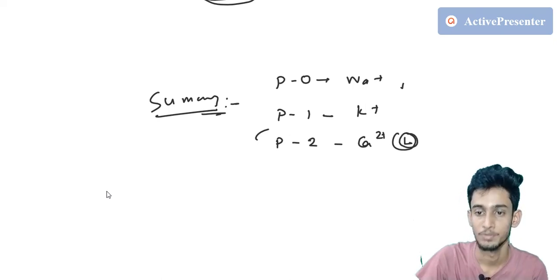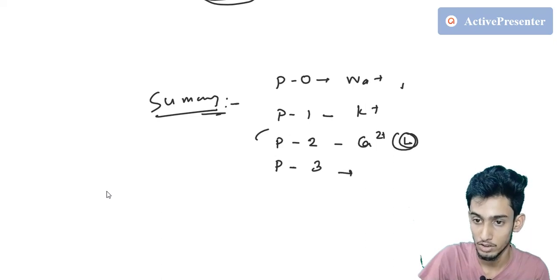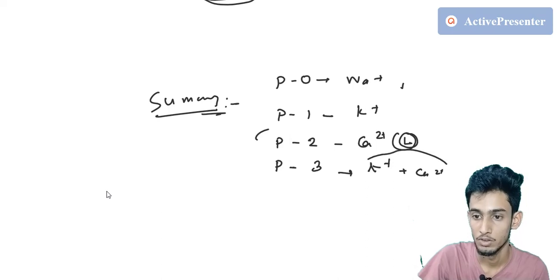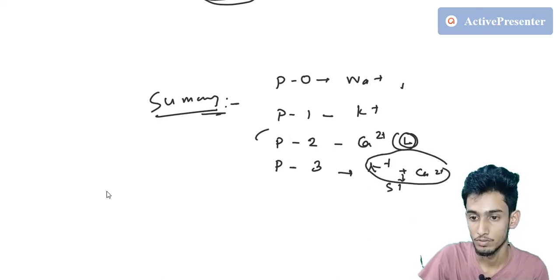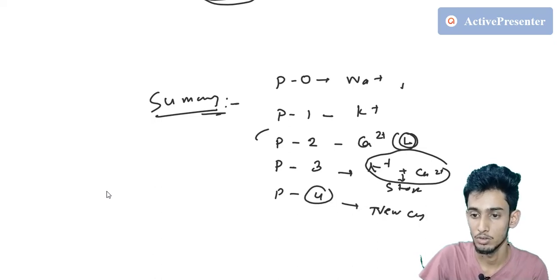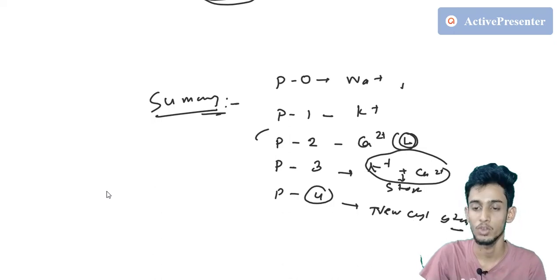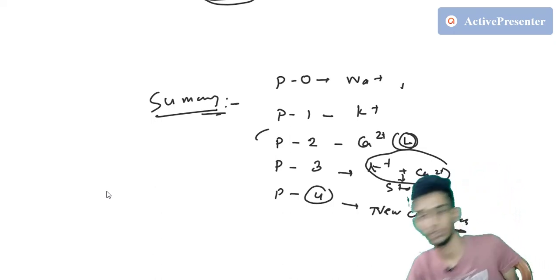L type. Then phase 3 is repolarizing, both the potassium and calcium stop, and in phase 4 the new cycle will start. So remember all these things.